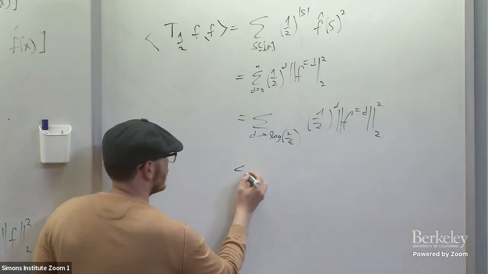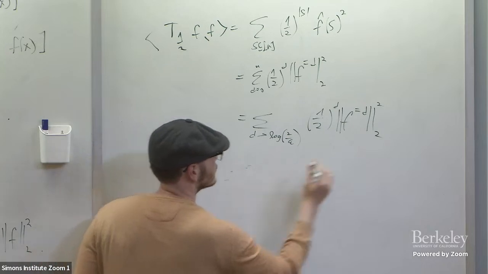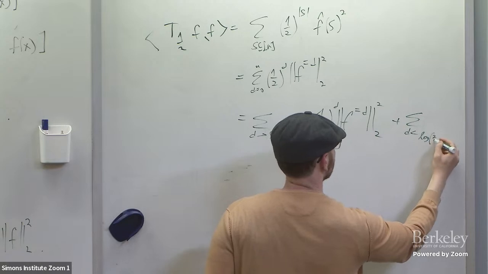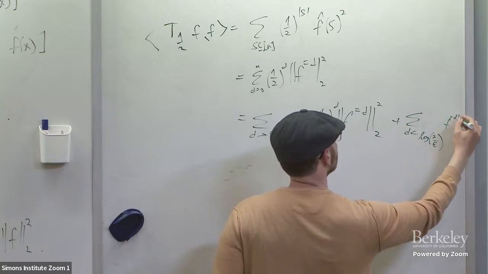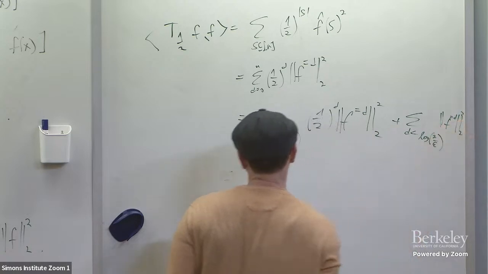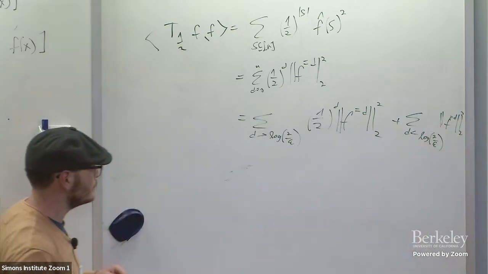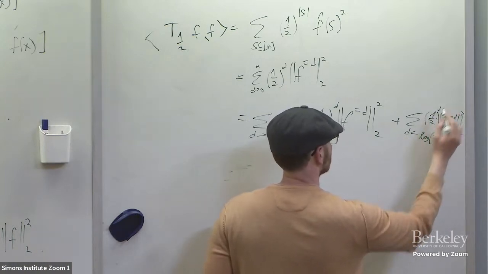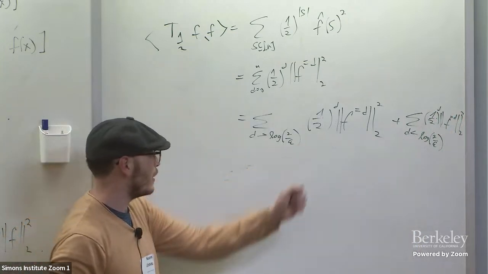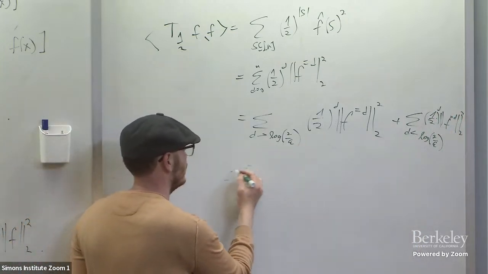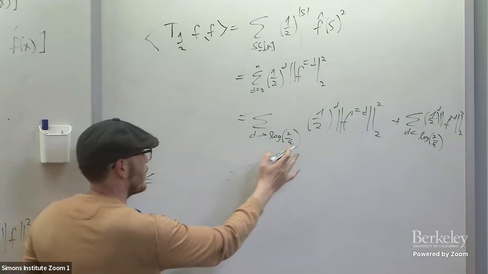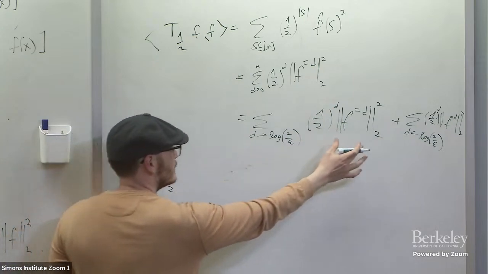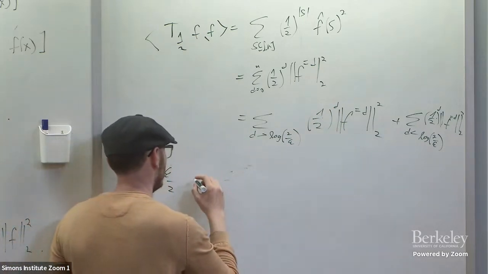So this is this thing plus the same thing with d smaller than log 2 over epsilon. Here we're going to upper bound this: half to the d becomes at most epsilon over 2, and the sum of all of these 2 norms is at most the 2 norm of f.